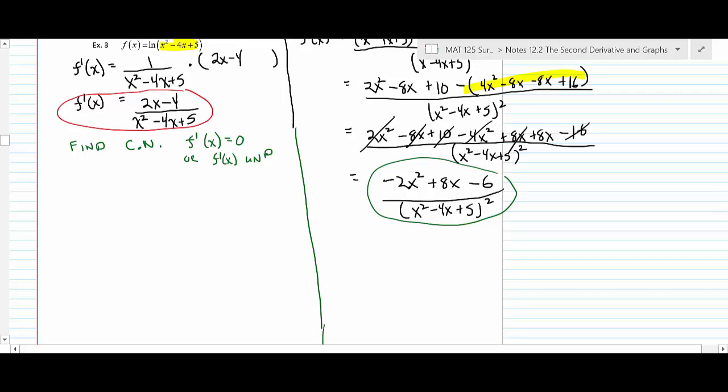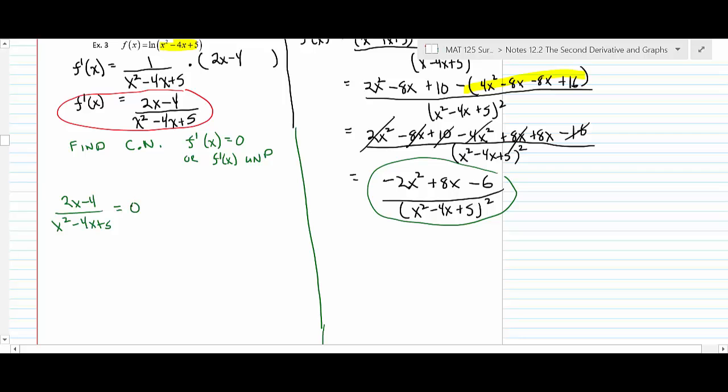Okay, so there's a couple of things on this: the bottom doesn't factor. But what you can do on a rational function is just take the derivative, write down the derivative, and then set that equal to 0 and solve that equation. And then that'll get a critical number.